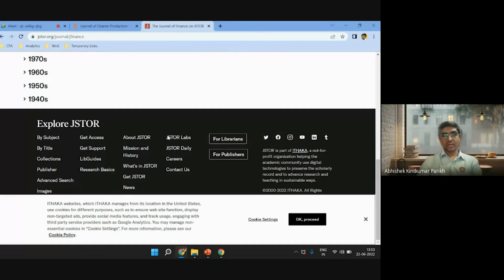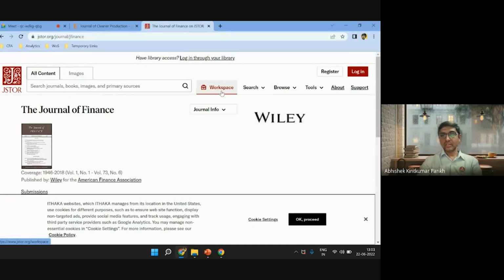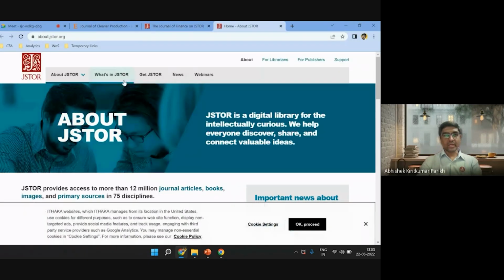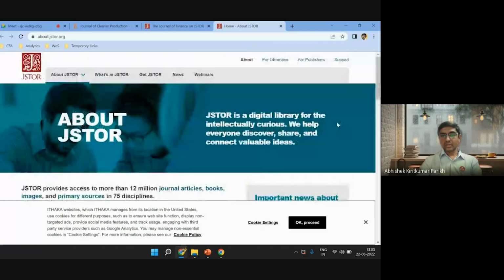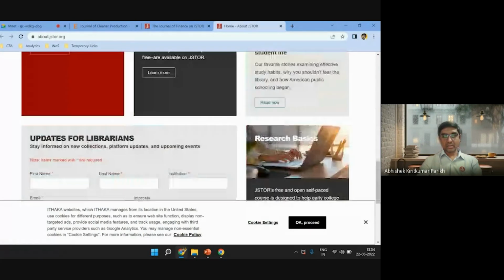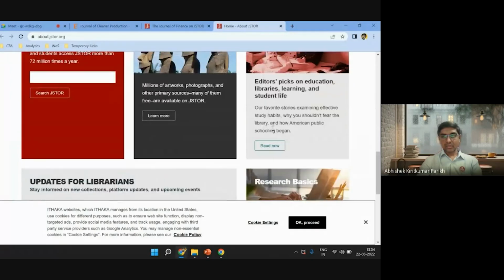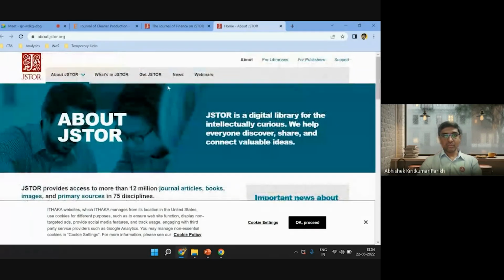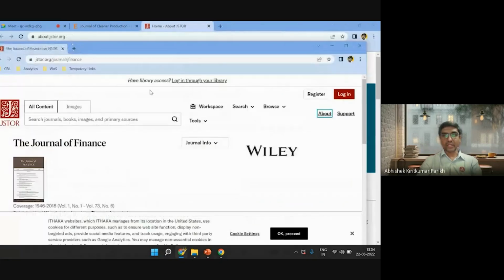Now here you can go for the indexing. Generally it is available in About, right? Okay, it is not listed as of now, but mostly it is given on the home page only, right? Just a minute.